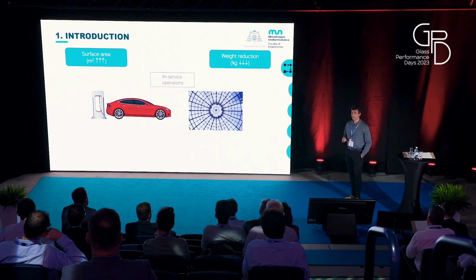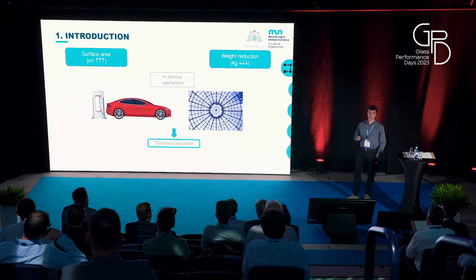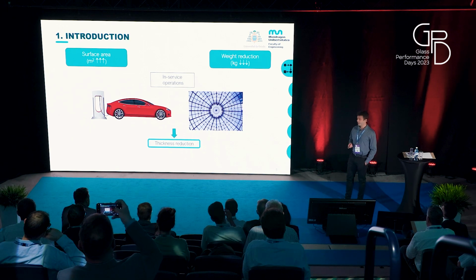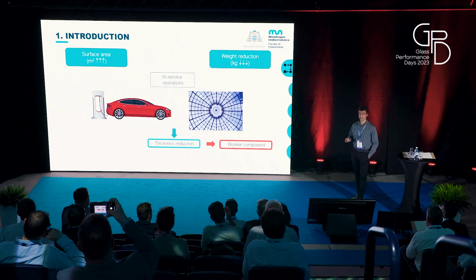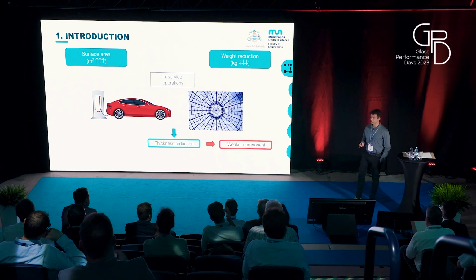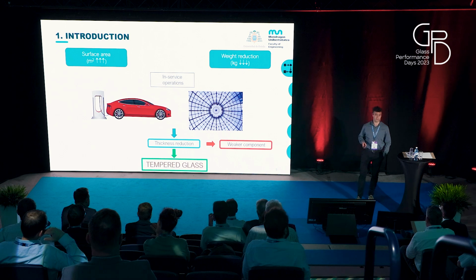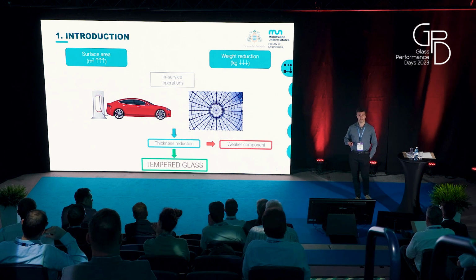This weight reduction is obtained by reducing the thickness of the components. However, thinner material also implies a weaker component. Because of this, glass is most often heat-treated or tempered to strengthen the material.